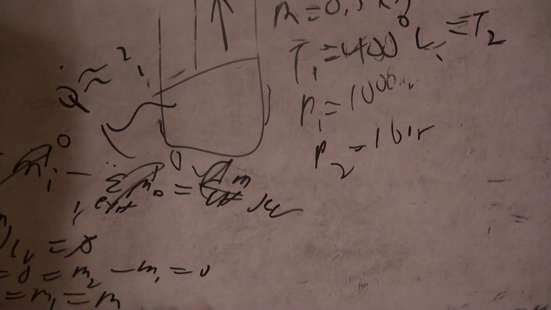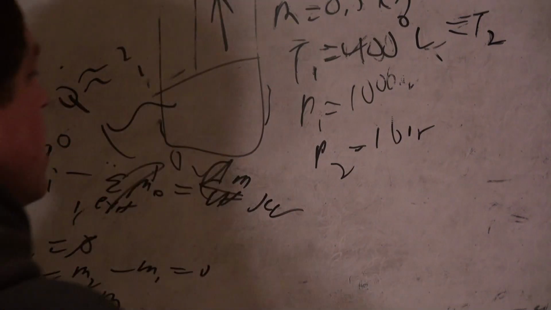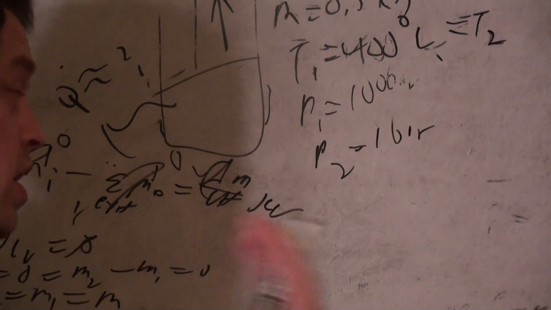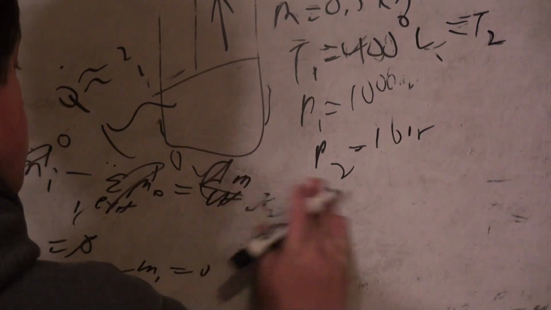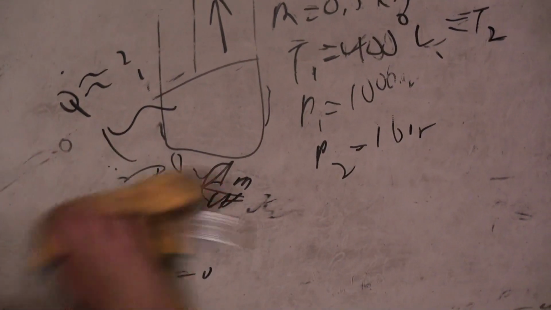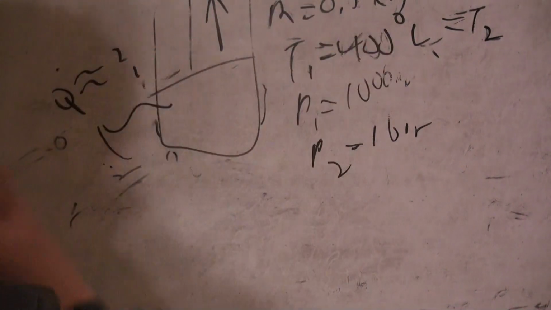Got that established. Now let's do our energy balance. I'm going to erase this mass balance. It's obviously helpful, but not super helpful. I'll just remember that the mass is constant.